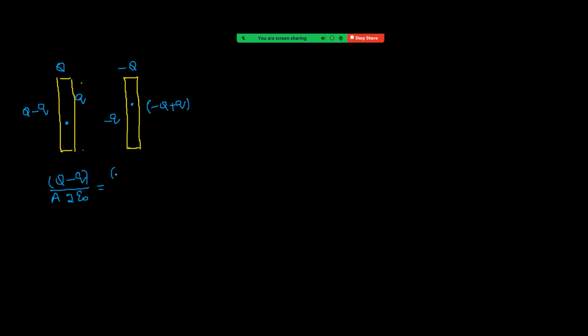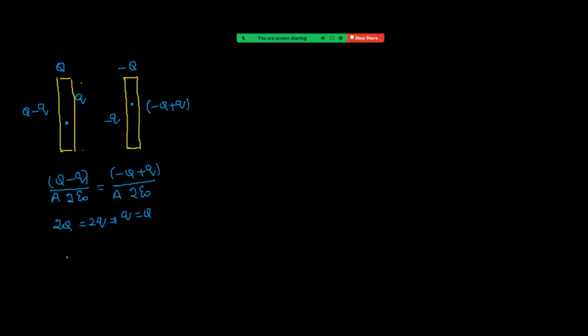So it is now minus Q plus q by A, that gives sigma upon 2 epsilon naught. Now these two get cancelled. Take q to the left side, 2q equals 2Q. That means q equals Q.